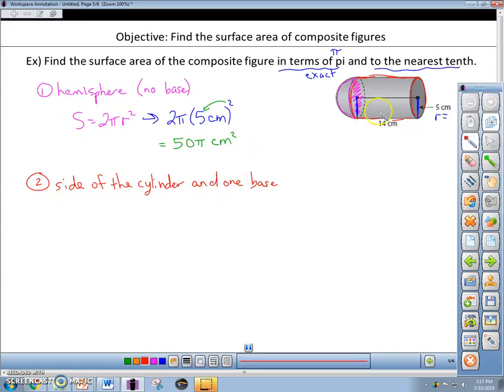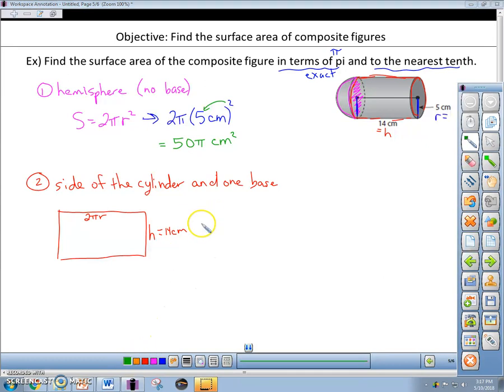So we have learned that when we flatten out the side of a cylinder, we get a rectangle, but one of its edges, its length, is the circumference of the circle, which we calculate as 2 pi r, and the other edge is the height of our cylinder. And we've learned that the height of the cylinder is measured going from base to base, circle to circle. So that would be this measurement here of 14 centimeters. So this is our 14 centimeters, and our radius is again 5.